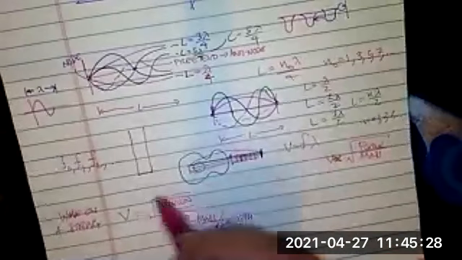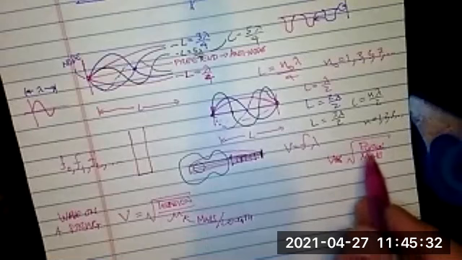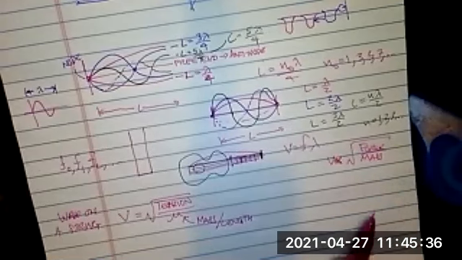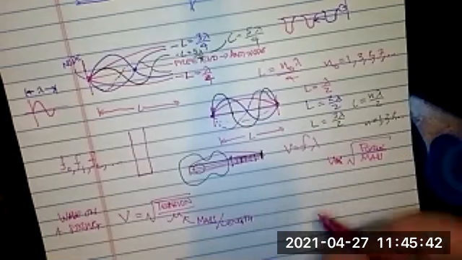Okay. So all wave velocities are always something about force divided by something about inertia. So that was the transverse wave on a string. There also turns out to be a velocity of a longitudinal wave.